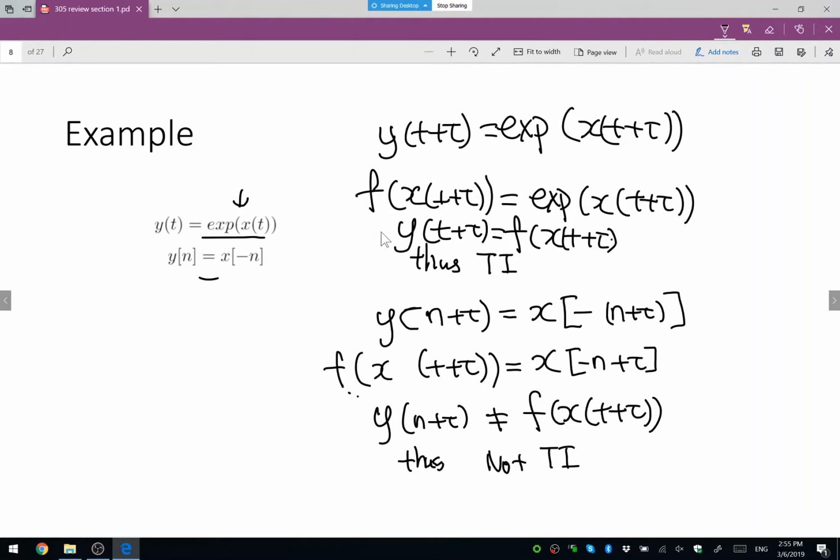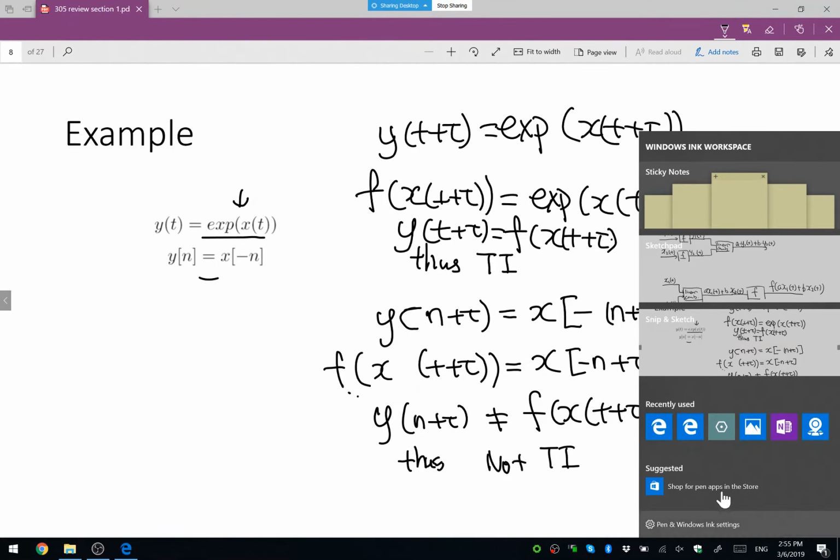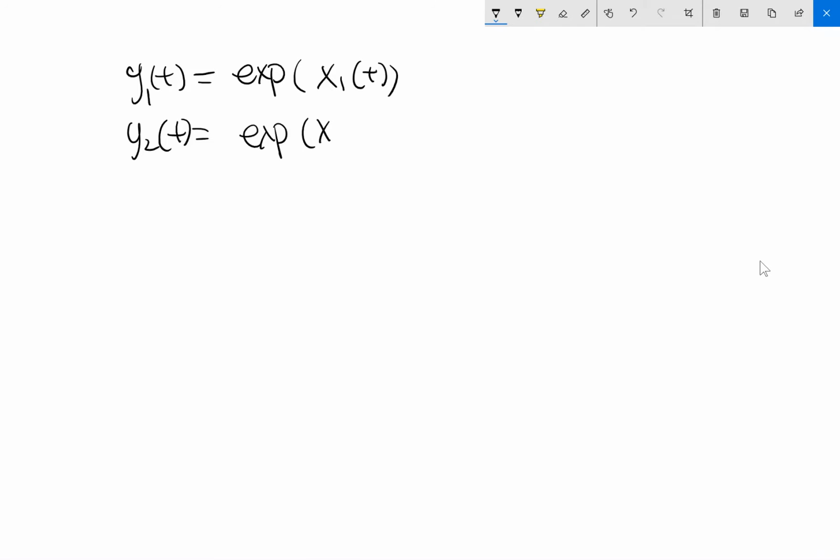So first is y(t) equal to exponential of x(t). So let's create y1(t) and y2(t), where y1(t) is exponential of x1(t), and y2(t) is exponential of x2(t). So then let's do f of a x1(t) plus b x2(t).